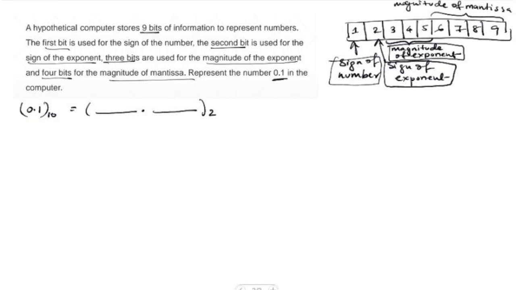So this is what we are supposed to do. We know that the whole number is 0 here, so we can just write a 0 because 0 in binary is just 0. And then for the fractional part we have 0.1, so we have to convert the 0.1 to binary.